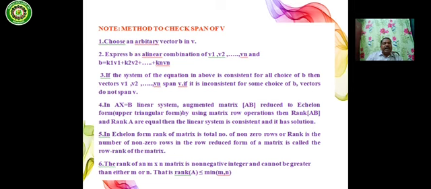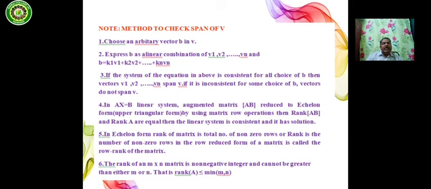What is the rank? In echelon form, the rank of a matrix is the total number of non-zero rows, that is, the number of non-zero rows in the row reduced form of the matrix.